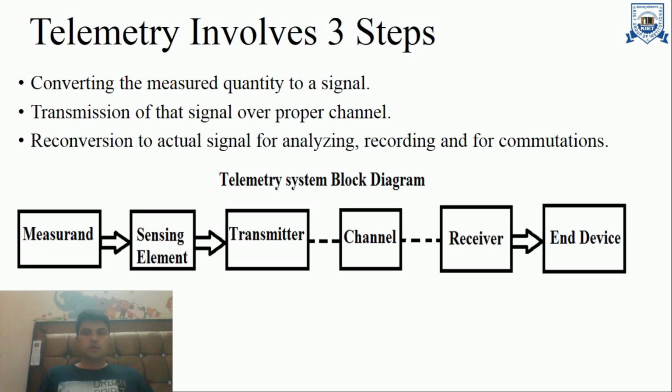Optical fiber telemetry is a landline telemetry, and wireless telemetry is like satellite telemetry. It is an example of wireless telemetry. Then we have a receiver. It also includes signal conditioners, filters and receiving antennas. Then our end device, which includes recorders, display devices, etc.